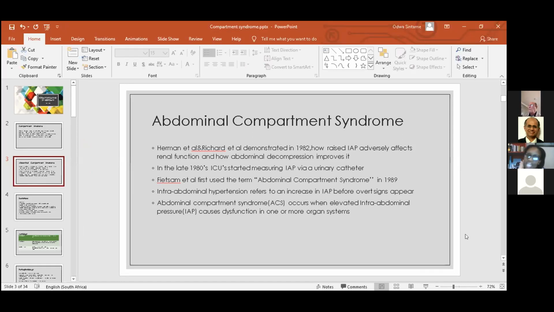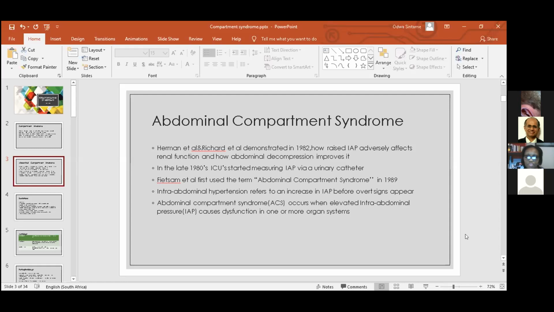Later, Hammond and others, as well as Richard and others, demonstrated how raised abdominal pressure adversely affects renal function and how abdominal decompression improves it. In the late 1980s, ICUs started measuring it via a urinary catheter, and the term was first used in 1989.